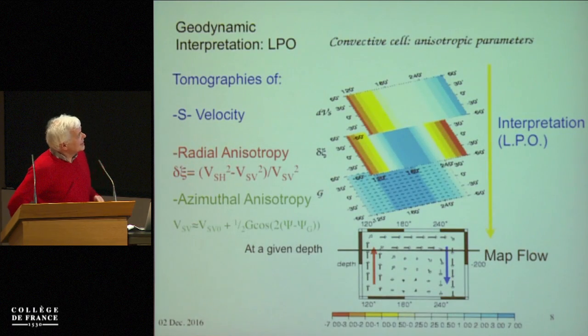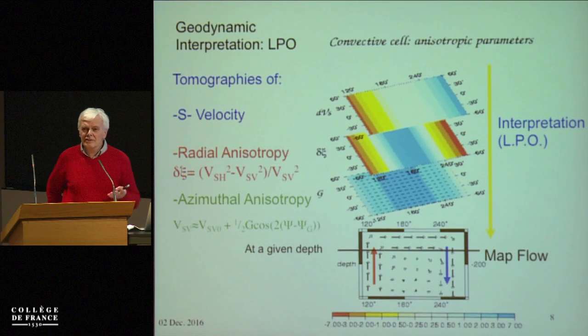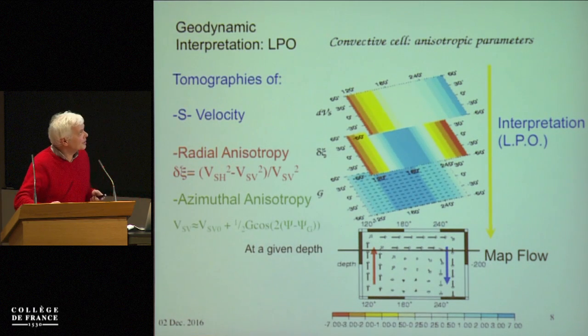And what we do in seismology is to explain most of our observations by lattice preferred orientation. And the way we do that is very easy. From seismic tomography, we have access to 3 different tomographies: S wave velocity, radial anisotropy, and azimuthal anisotropy. And so we have these 3 maps, and of course we can relate them to map the flow.